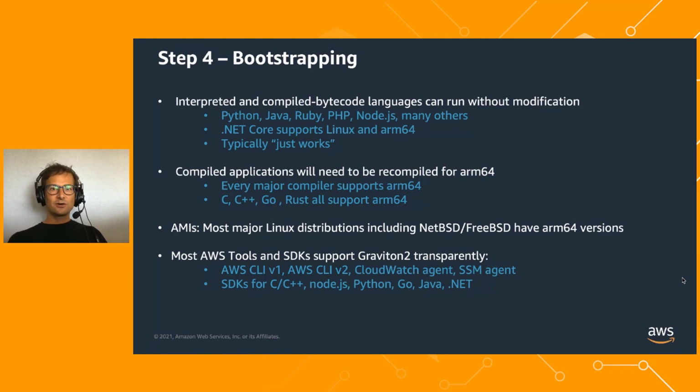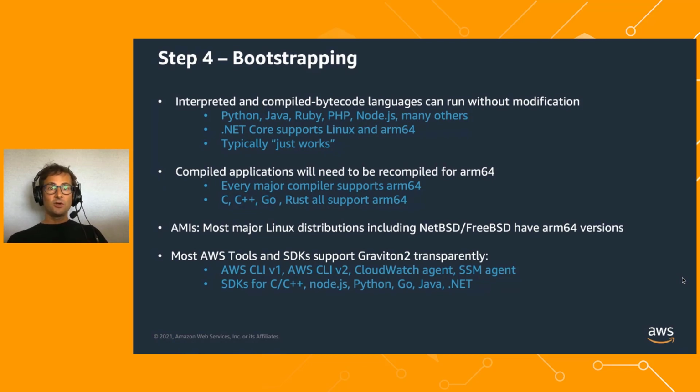So it's just a matter of reinstalling all the dependencies and ensuring that all the versions are compatible and that all the dependencies are installed. Even .NET Core supports Linux, and it's pretty easy to install on ARM64, and you will get really good performance. Compiled applications, of course, you will have to recompile them.